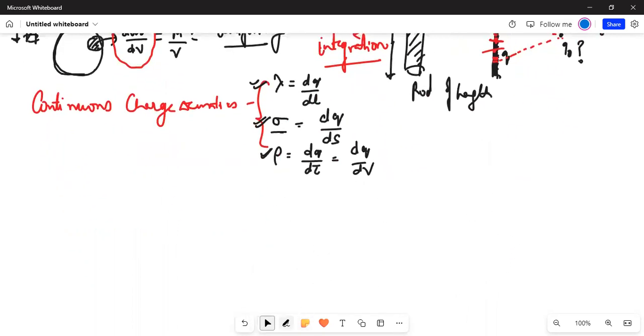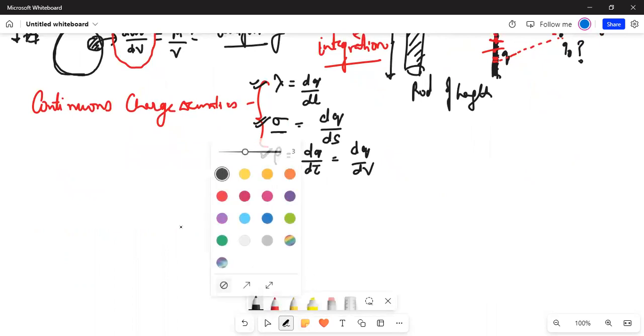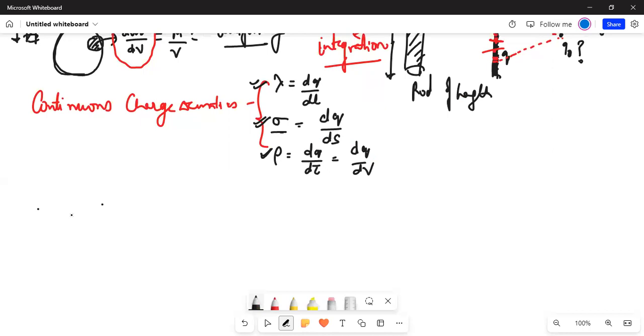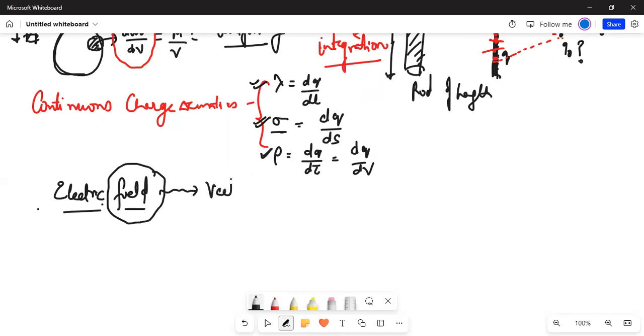Now, let us come to a very different question. That is basically the prime interest of your JEE exam also, and your standard 12th course also. That is, what is electric field? And why do we need such a quantity? The first thing that you need to understand is what is field. Field is a vectorial quantity which will denote something in space.